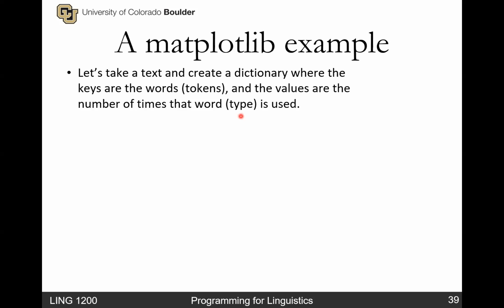The type is used here, the values, the number of times the word is used. So in other words, for each individual word, for example, walk would be a word and walking would be a word, autumn would be a word, couch would be a word. It's going to count the number of times it's used.